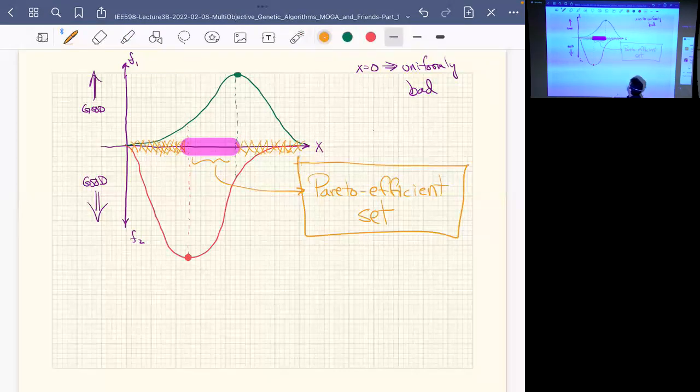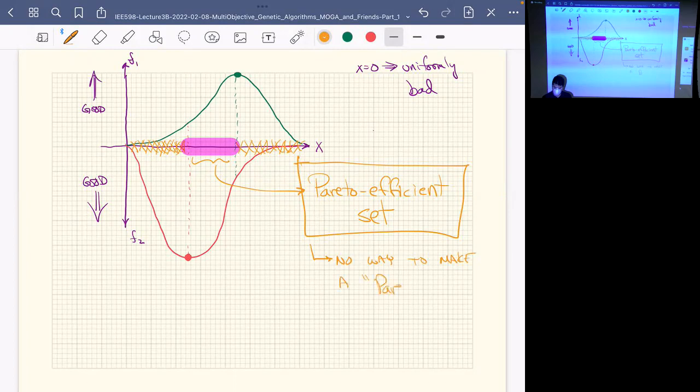And we refer to them as being Pareto efficient because there is no way to make a so-called Pareto movement away from any point in that set.